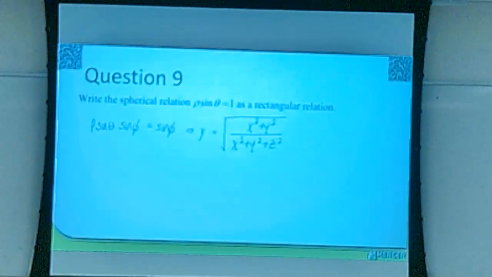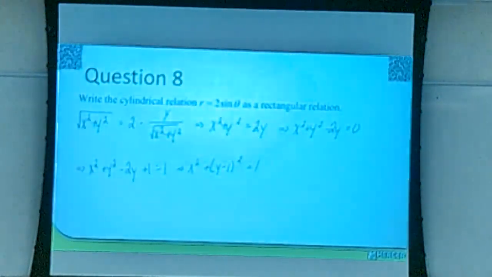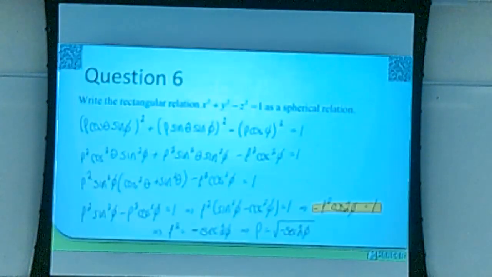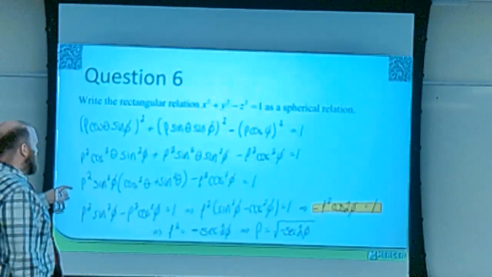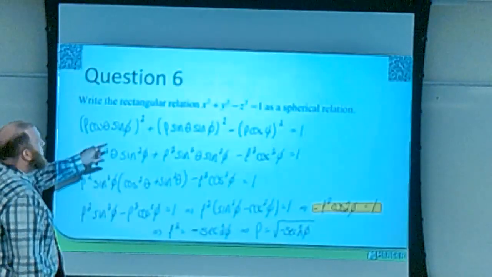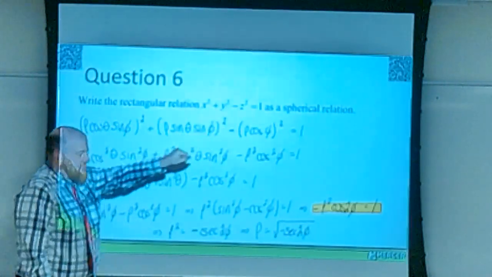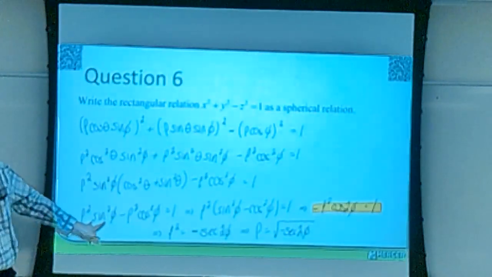Two things to point out. Where was the one I wanted? Here. No. Here. x squared plus y squared in spherical: we got it to be rho squared sine squared phi with algebra.